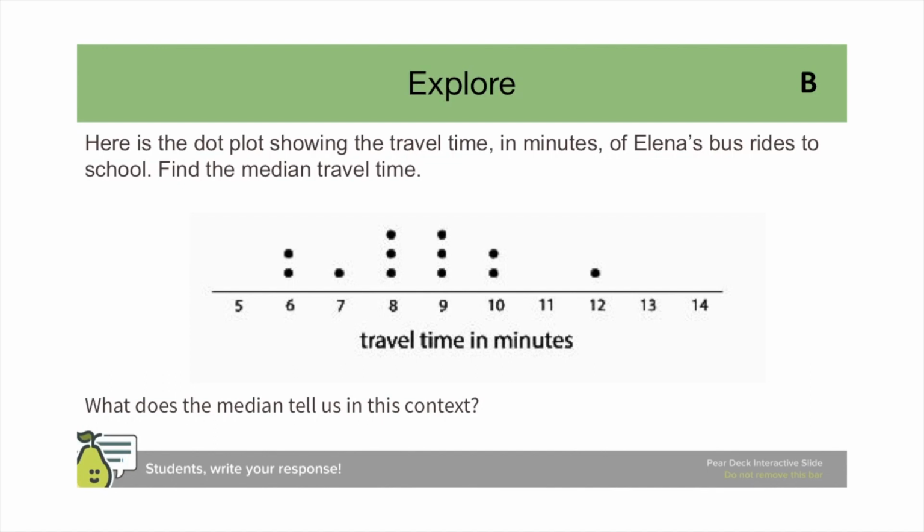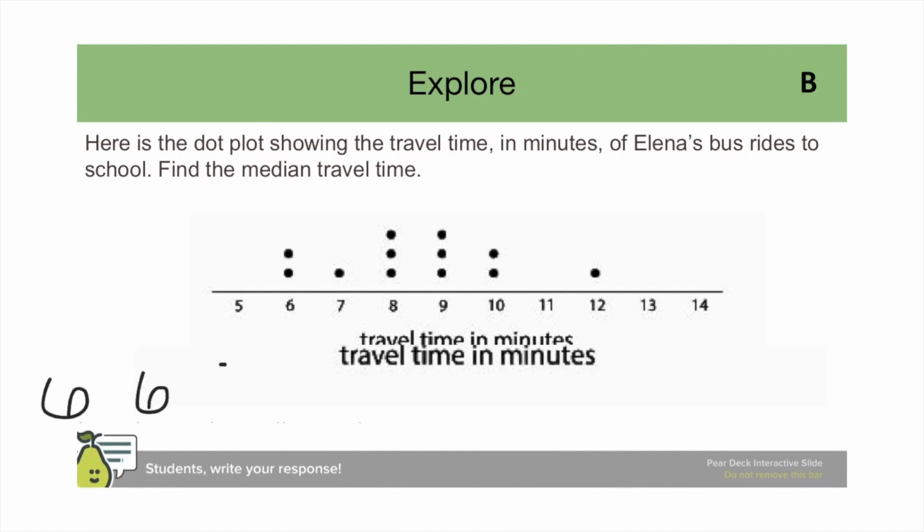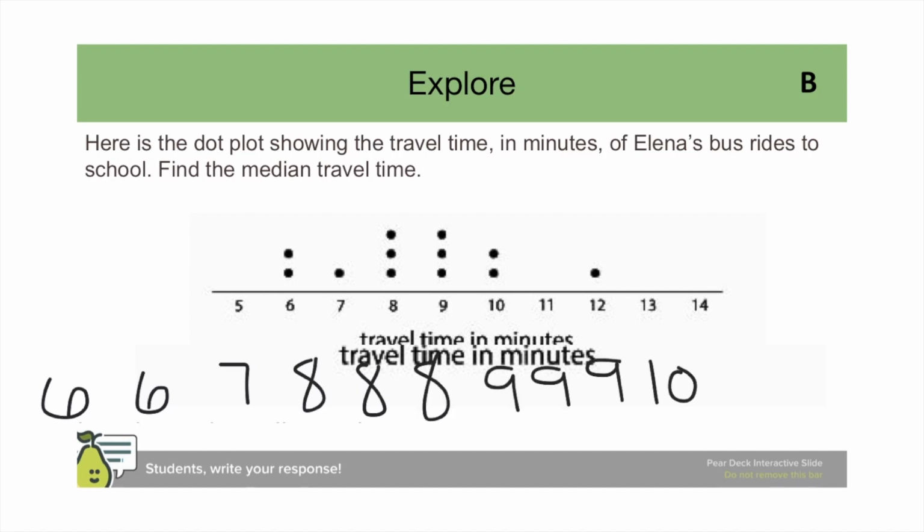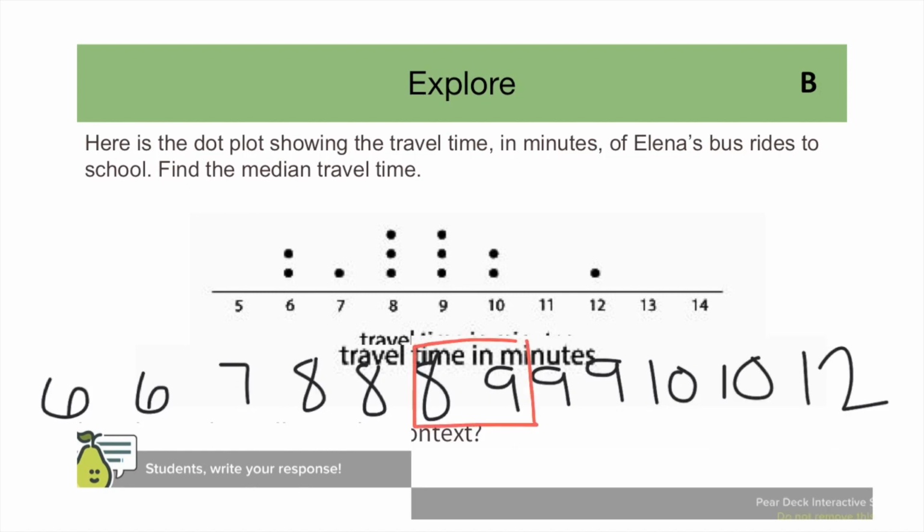If you are doing this as an I do, you should write out the numbers so that students can see what the values are. You have 6, 6, 7, 8, 8, 8, 9, 9, 9, 10, 10, 12. Then the median would be the average between 8 and 9.